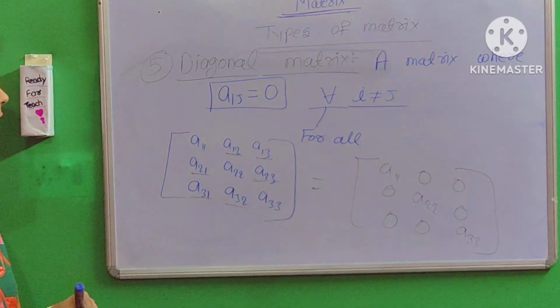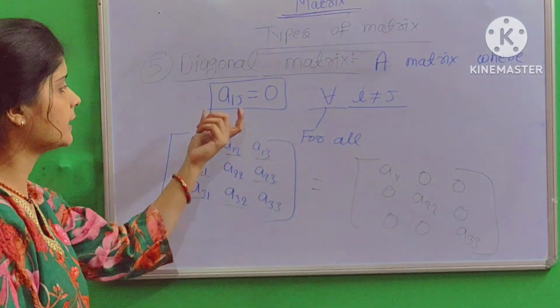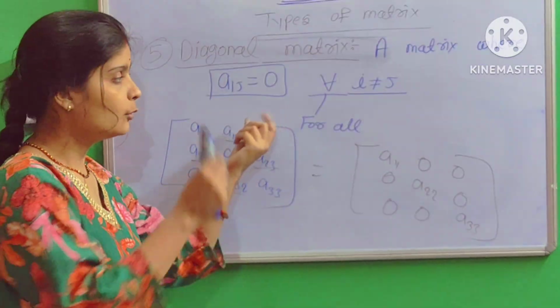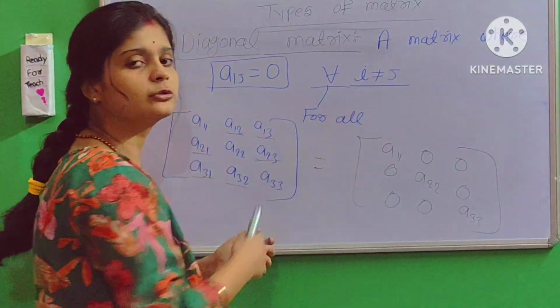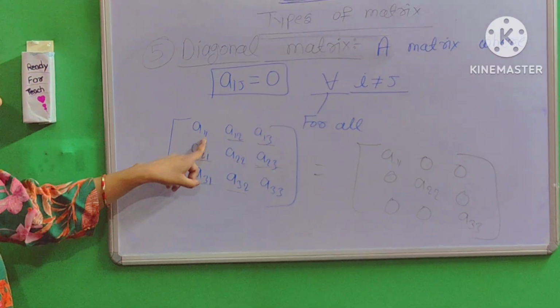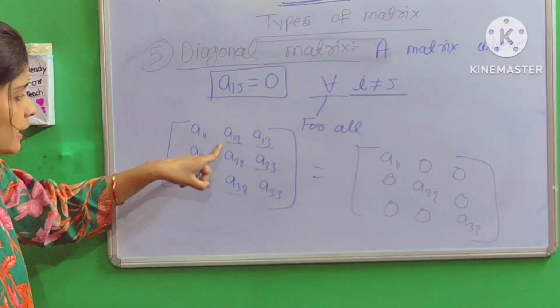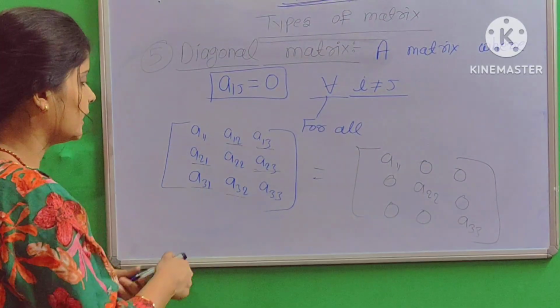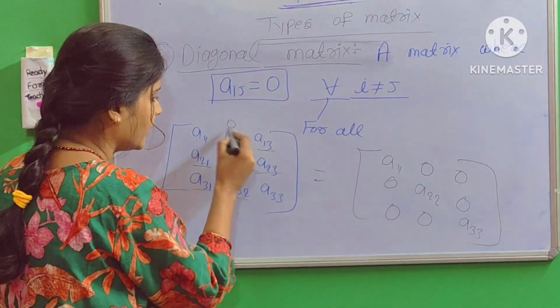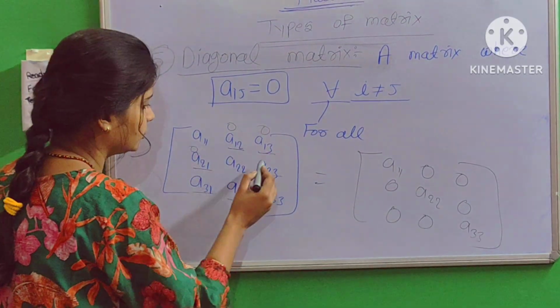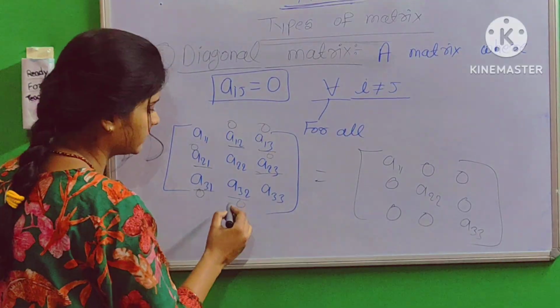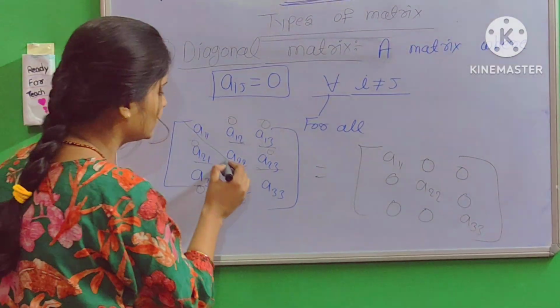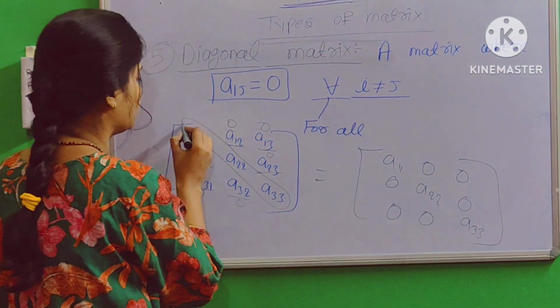In diagonal matrices, Aij is 0 where i does not equal j. Here 1, 1, i is equal to j. But here 1 and 2, i does not equal j, then its value is 0, and here also 0. This is 0 and this is 0 and this is 0. So this is our diagonal matrix.